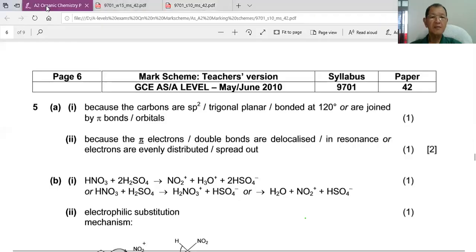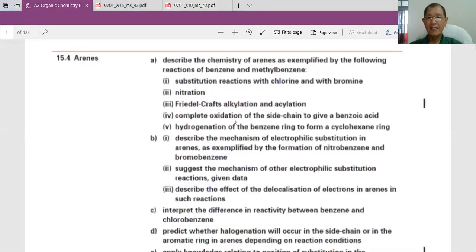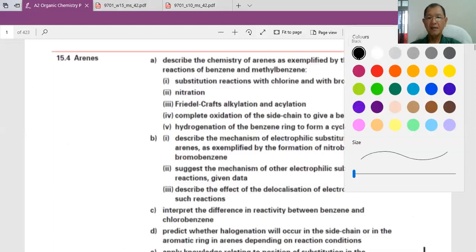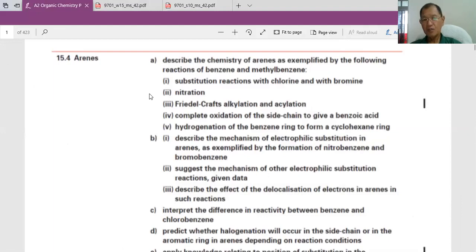So let's see. Okay, let's try the other one. I can use the pen. Here, so the space will be big enough. Right?